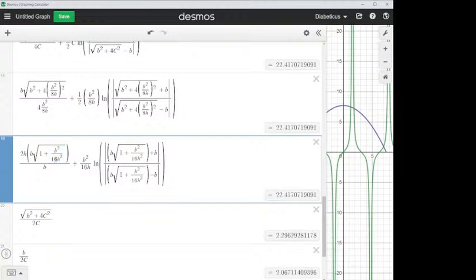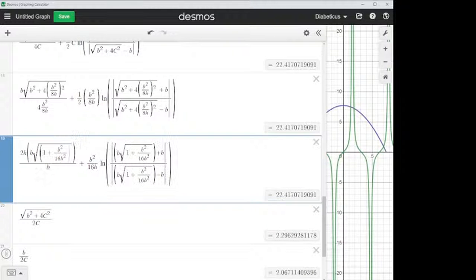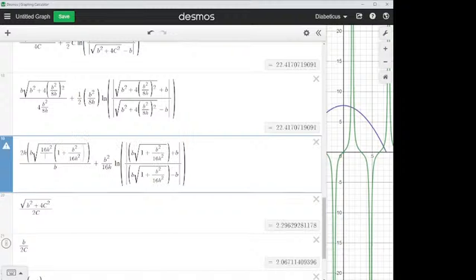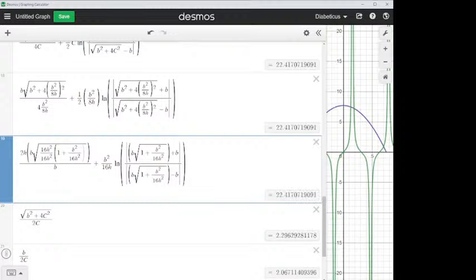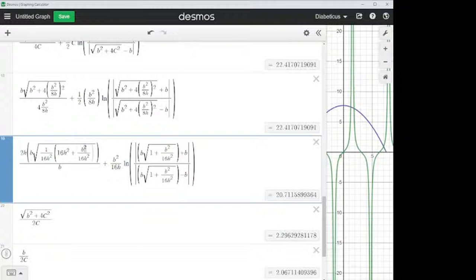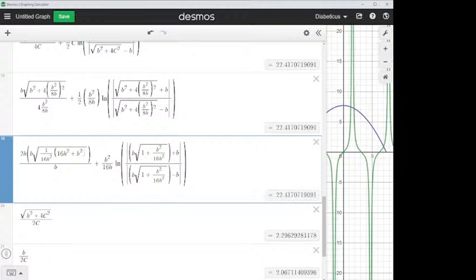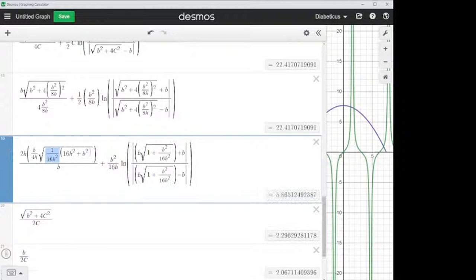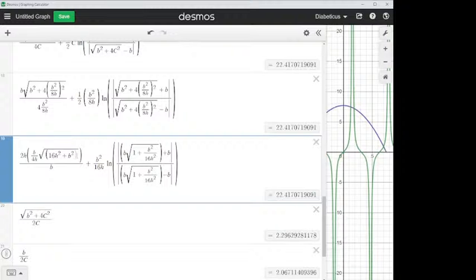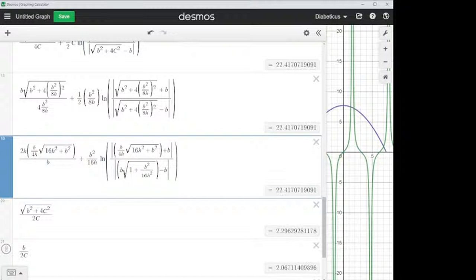Now I do the 16h squared again. And I want to multiply the 16h squared on both of these. And this guy just cancels. And there's this 16h squared, that's just 4h outside. I think this is still the same thing over here, right?